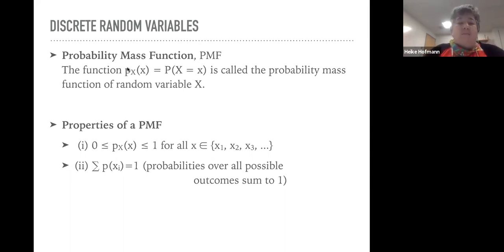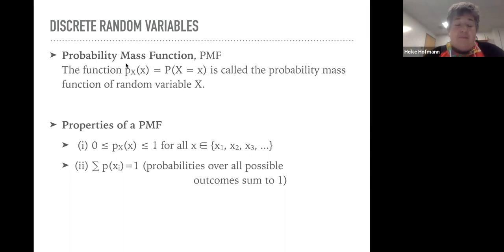The function p_X(3) is then assigning a probability to how often we will see that outcome of 3. And all of the possible values of this table, of this function, is called the probability mass function.